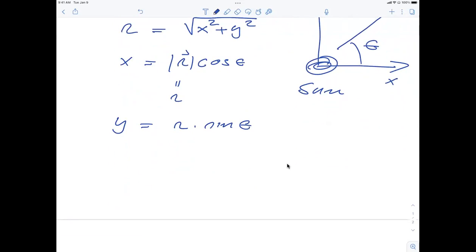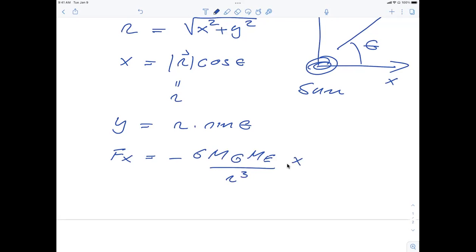That means that there is a force in the x direction, F_x. And since we are looking at the force which the Earth feels from the Sun, it has the opposite sign. So this is Newton's third law. So there is going to be a minus of G times the mass of the Sun, the mass of the Earth, divided by r cubed, and this is now multiplied by x.